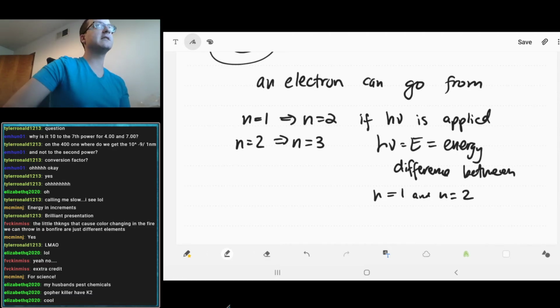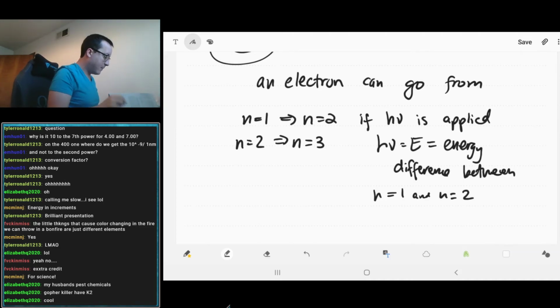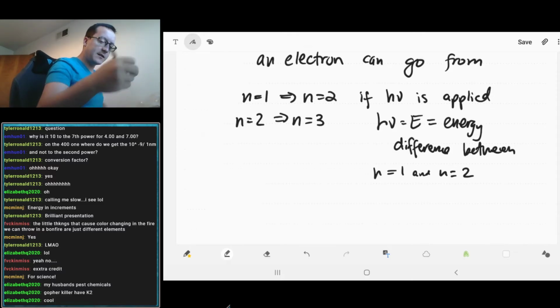To calculate this, hold on, I'm going to have to get the book. There are specific constants for each atom, and these I do not have memorized. Aha! Here is a happy constant.